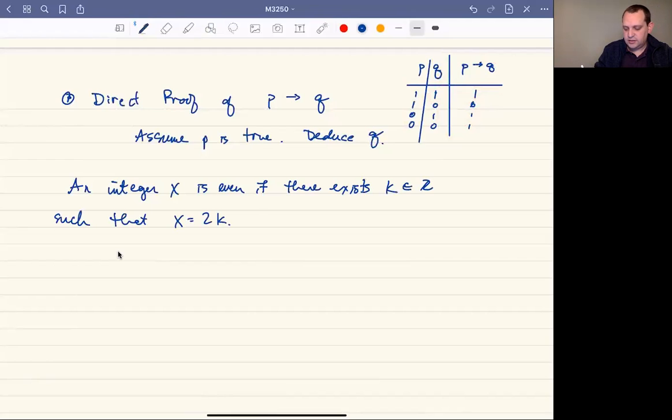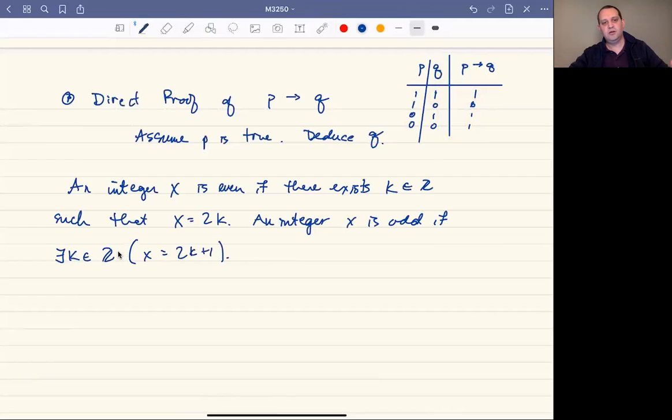And likewise, an integer x is odd if there exists an integer k such that x is equal to 2k plus 1. And so to be even means that you can write x as 2 times an integer. To be odd means that you can write x as 2 times an integer plus 1.